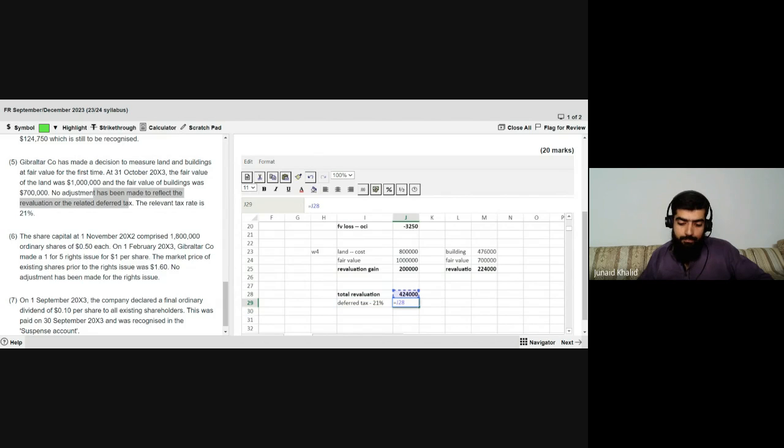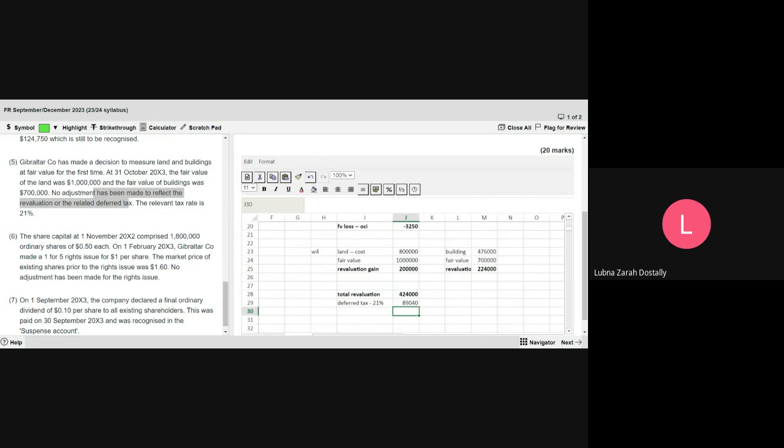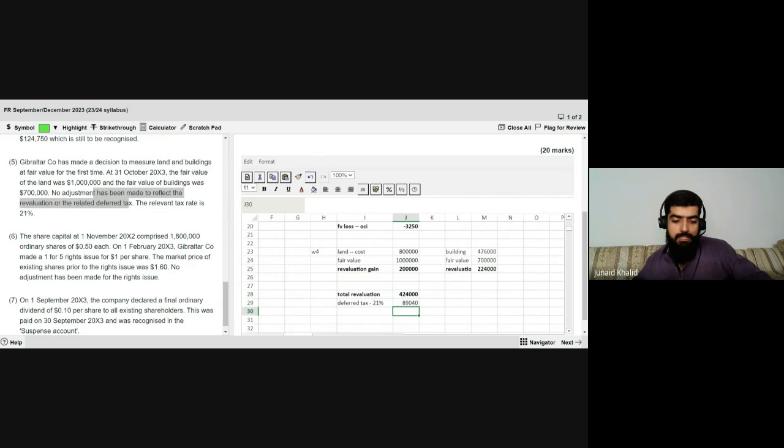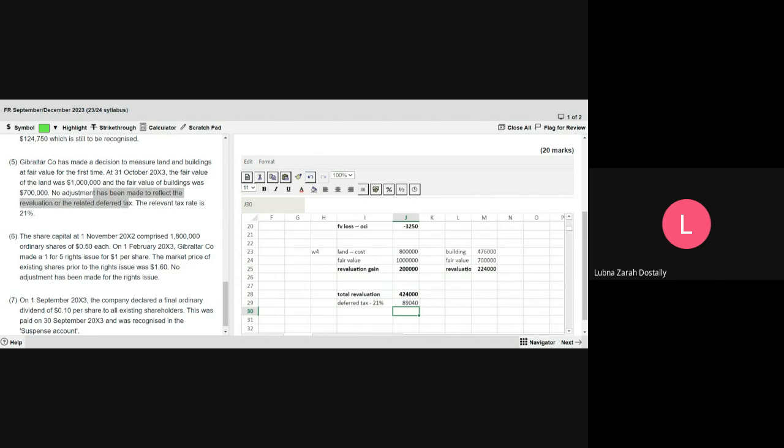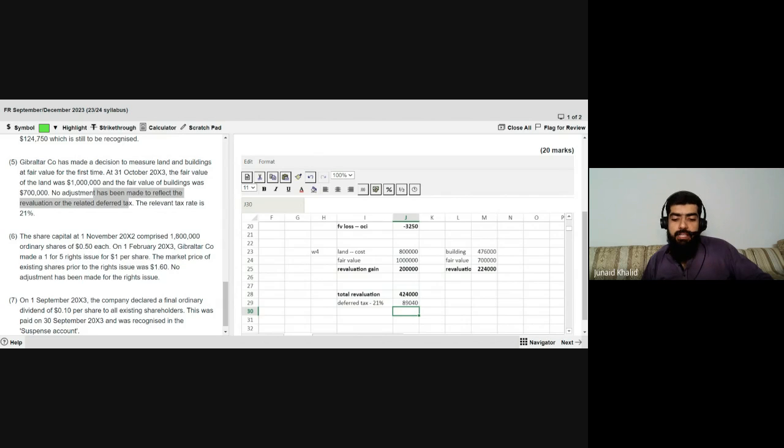So 89,040. That is the deferred tax, the deferred tax liability. And remember, the deferred tax on revaluation will not be charged to P&L.